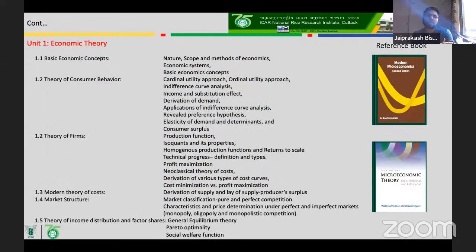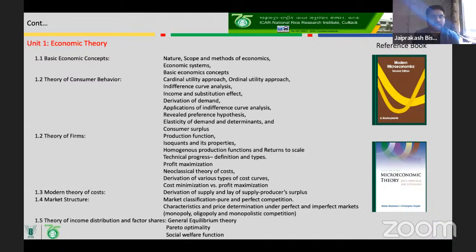Coming to the first unit, economic theory. This consists of basic economic concepts like nature and scope of economics, methods in economics like the deductive method and inductive method, and economic systems like the capitalistic system and socialist system.